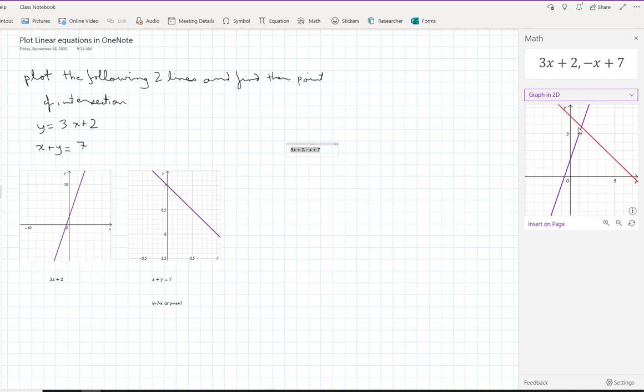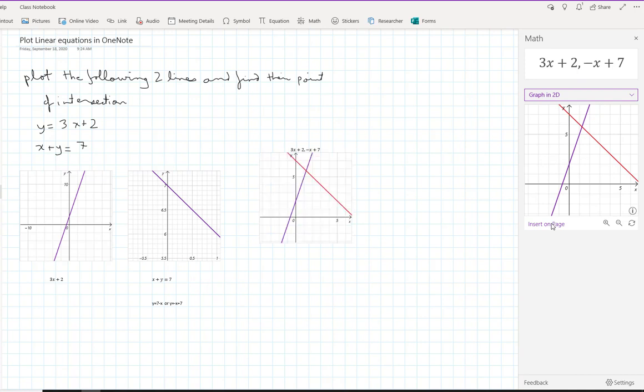And so you can see it crosses the y-axis here at 7. So that's this line, and then this line crosses at 2, y equals 3x plus 2. And that's the point of intersection. So we're going to insert this on the page.